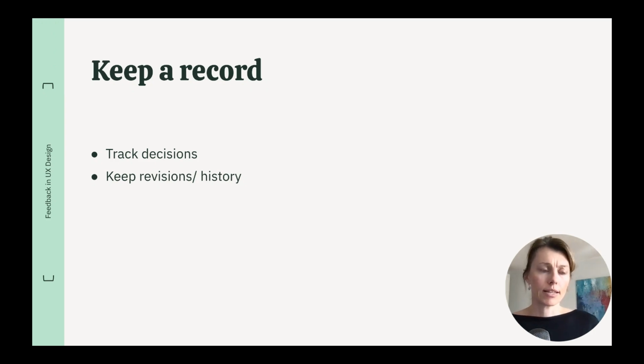So Figma captures all the comments and they have a history. So that's a good way to track your feedback. I also make sure that if there is a decision about removing a version or I had multiple versions, that I always have an archive where I can go back and see the history and I can pull it back up.